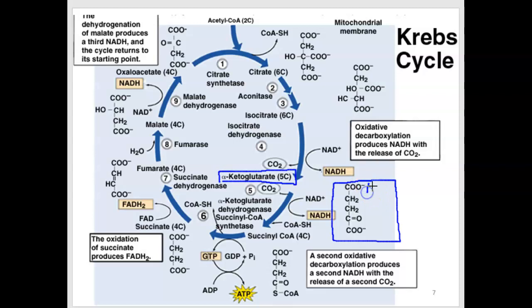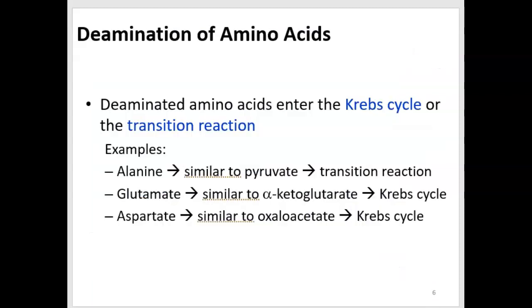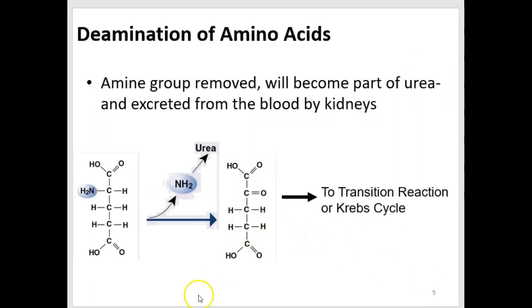And there's 2 carboxyl groups on the end, and there's 5 carbons. So that's very similar to the amino acid that I just showed you. And I'll go back right here. So here's a carboxyl group, here's a carboxyl group, and there's 5 carbons with 1 double bound to oxygen. It's the same. It's alpha-ketoglutarate. Okay, so that will enter the Krebs cycle.